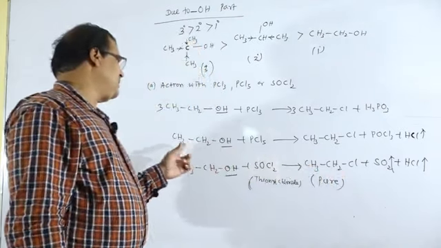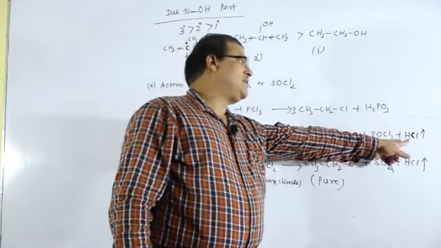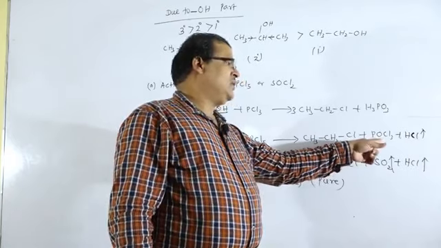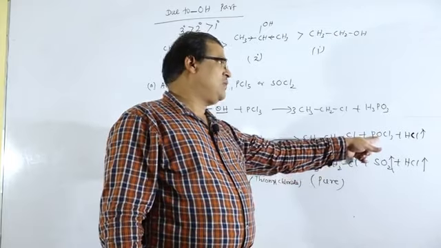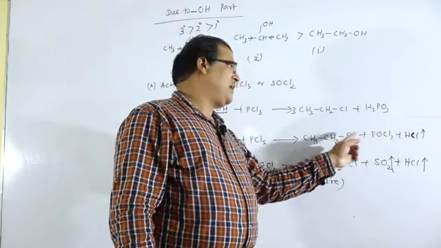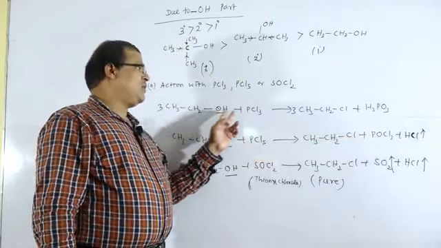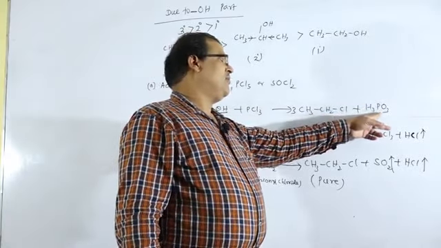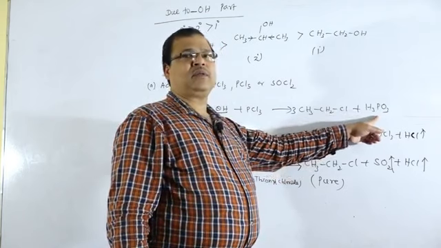But if we take ethyl alcohol with PCl5, HCl is removed as gas, but ethyl chloride is contaminated with POCl3. And if we take ethyl alcohol with PCl3, in addition to ethyl chloride there is the formation of H3PO3.